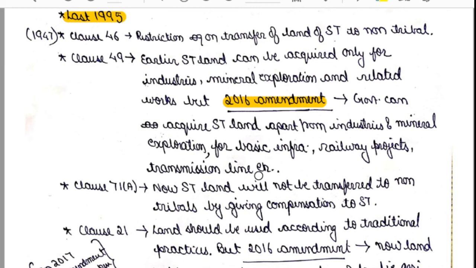But by the 2016 amendment, now the government can acquire the ST land, that is the land which belongs to scheduled tribes, for basic infrastructure, railway projects, transmission lines, etc.